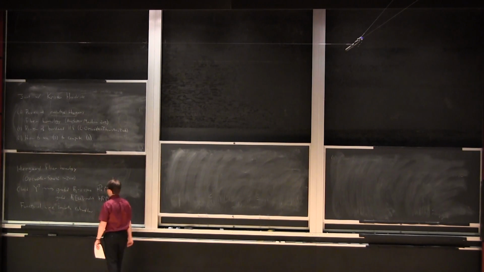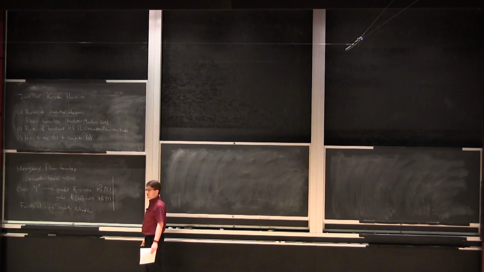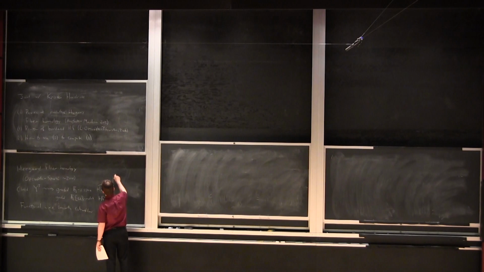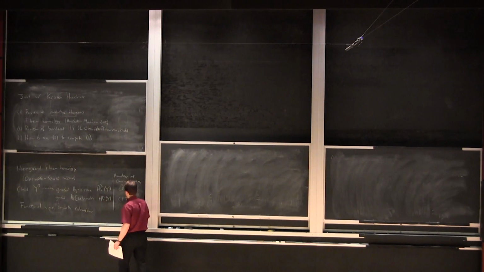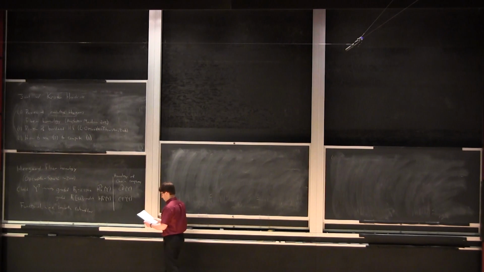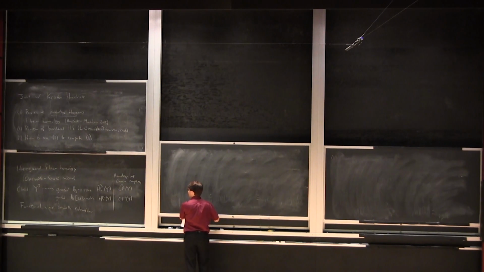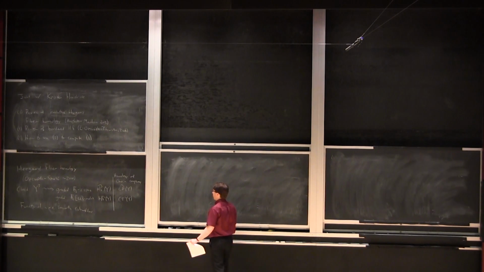Why are they called Floer homology? Well, it's the homology of some chain complex, so homology of chain complexes CF hat of Y, CF minus of Y. Let me single out a few other properties.